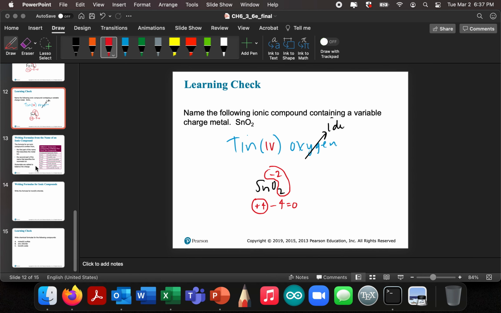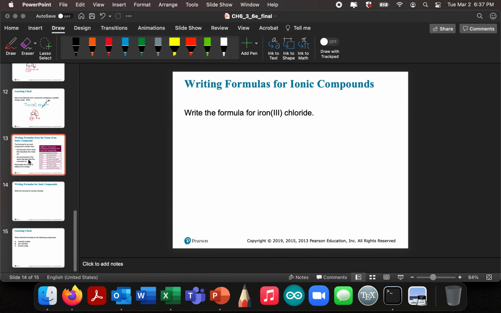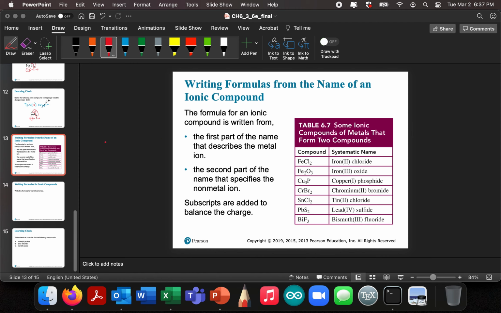All right, let's move on. Writing formulas for the name of an ionic compound. This is even easier. The formula for an ionic compound is written from the first part of the name that describes the metal and the second part that specifies the ion. And the subscripts are added to balance the charge. For example, if I'm given iron 2 chloride, I know this must be a +2.